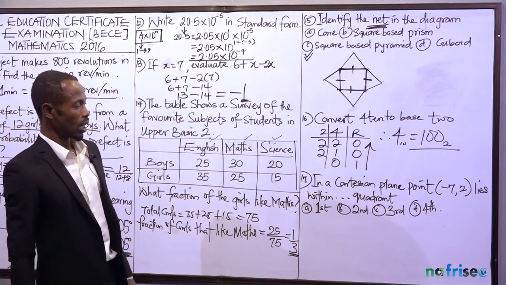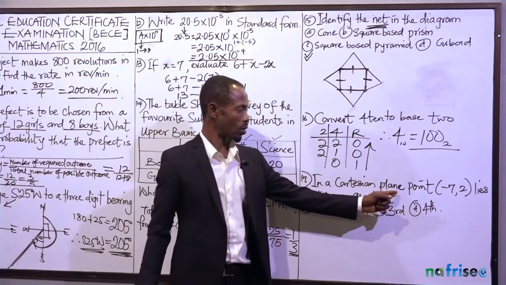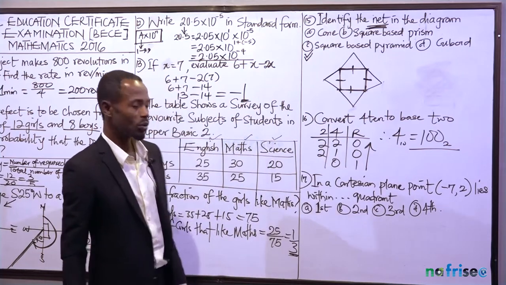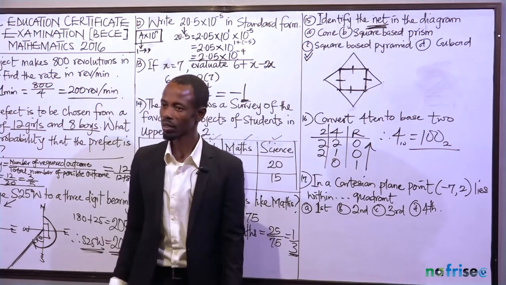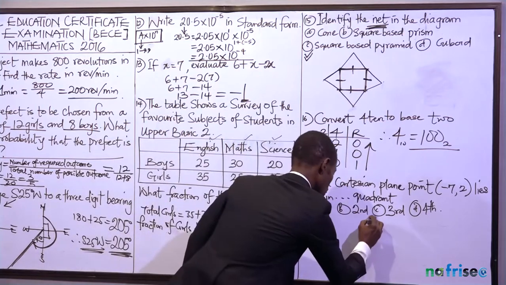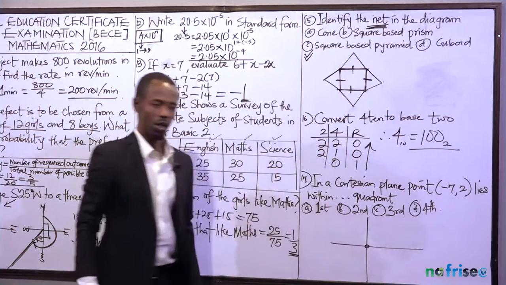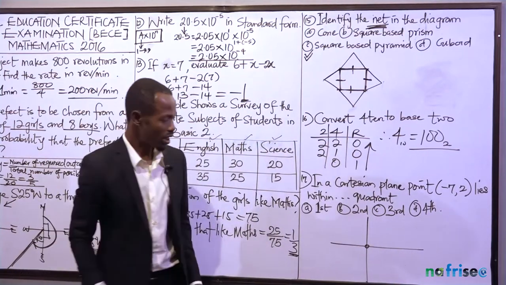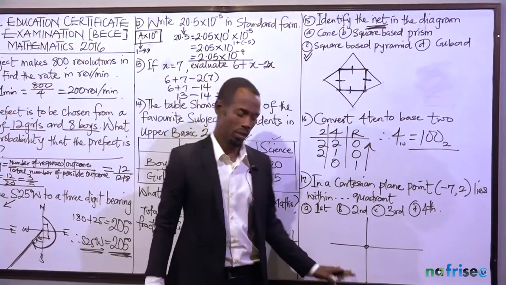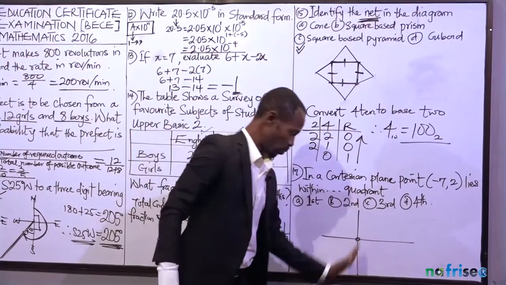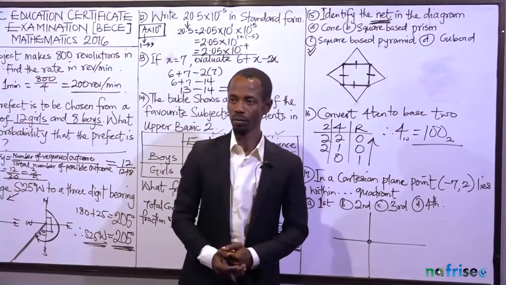Now, in number 17, they said on the Cartesian plane, the point (-7, 2) lies in which quadrant? What do you mean by quadrant? This is what we mean by quadrant. 0 is the point of origin. When you draw the Cartesian plane, you're identifying the horizontal number line and the vertical number line intersecting at 0.